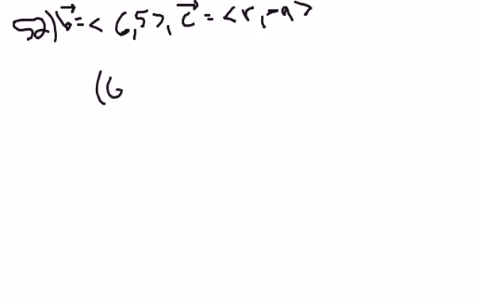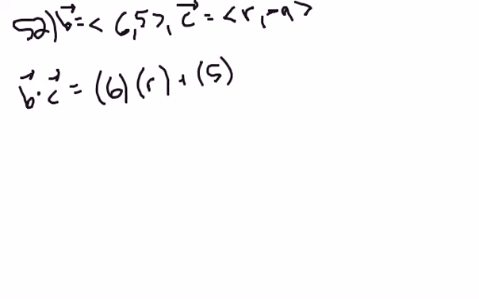So b dot c is 6 times r plus 5 times -9, pretending like I know what r is, and this has to be 0 if they're perpendicular.